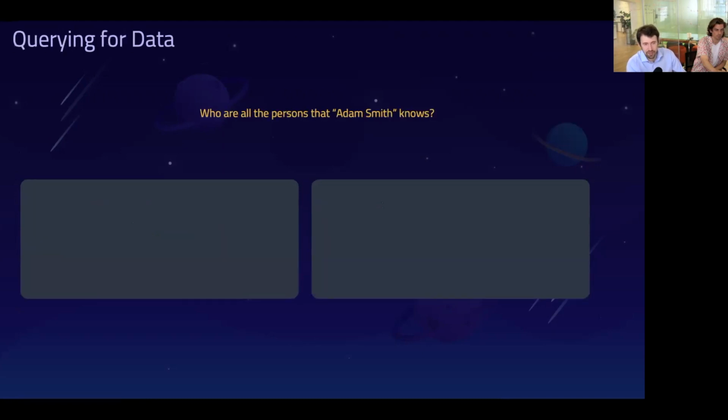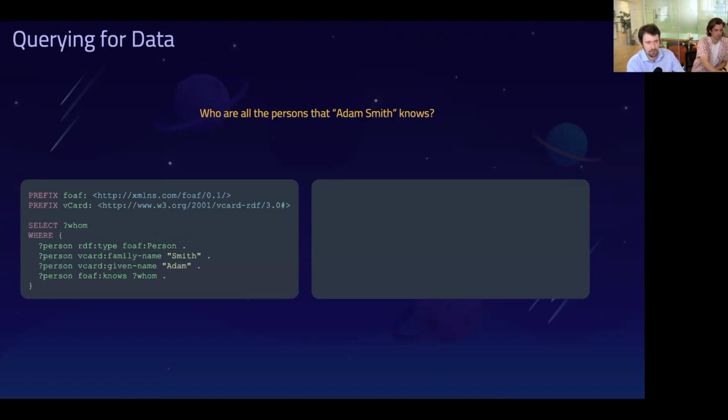So how do we query for data? Now, to answer the question here, who are all the persons that Adam Smith knows? This is a more interesting one here in SPARQL, where we're specifically interested in the variable whom here that is connected to Adam Smith. But in TypeDB, what we could do is first represent the person that has family name Smith and given name Adam.